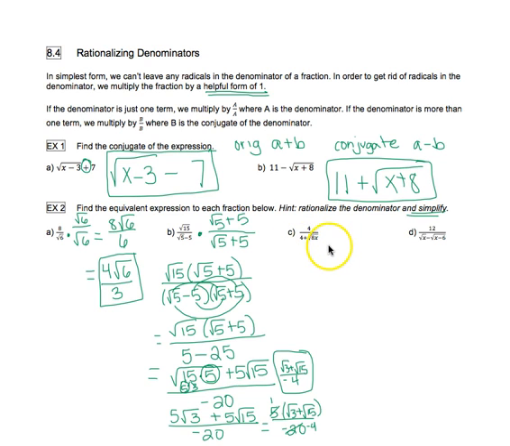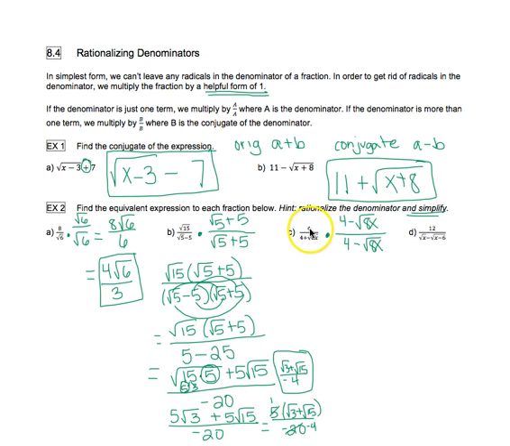But because it's 2 terms, that means the helpful form of 1 that we're going to multiply by is the conjugate of the denominator. So instead of 4 plus radical 8x, it's going to be 4 minus radical 8x. And so that's what we multiply by in both cases.